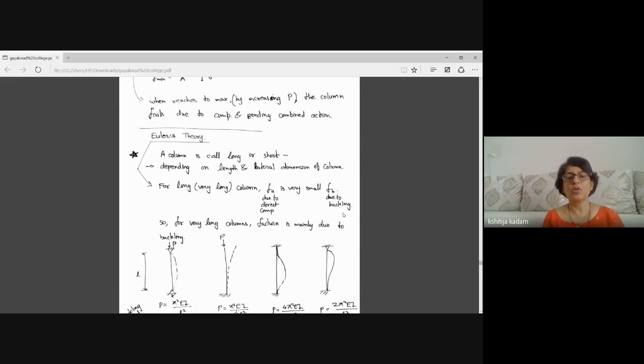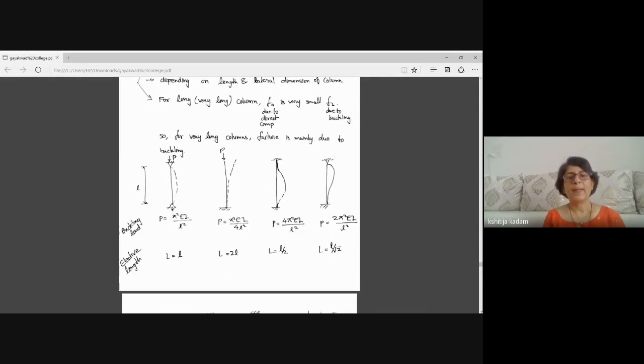Bending means buckling. So for very long columns, failure is mainly due to buckling, not due to compression. This is Euler's theory: for very long columns, failure is mainly due to buckling.